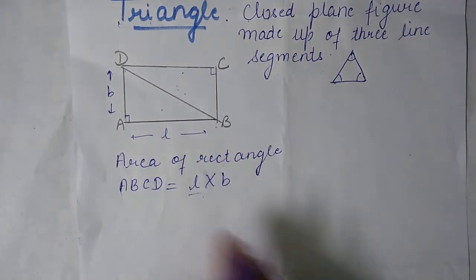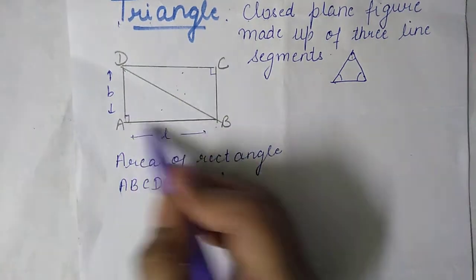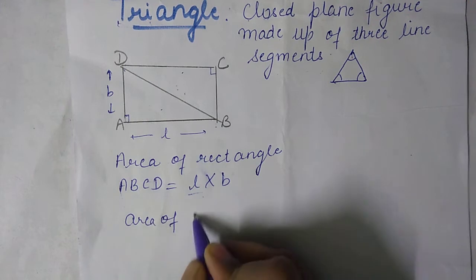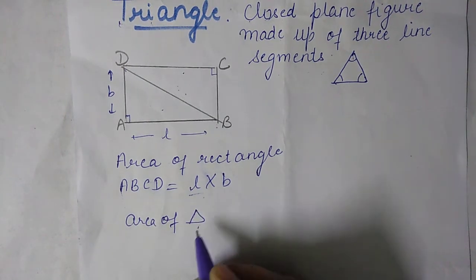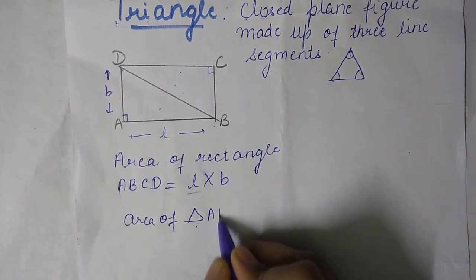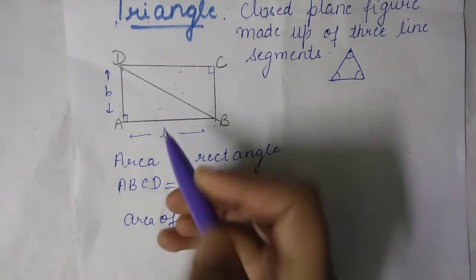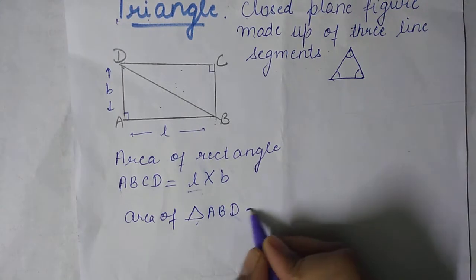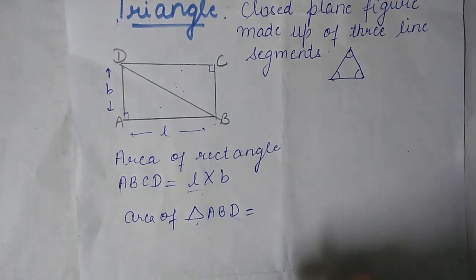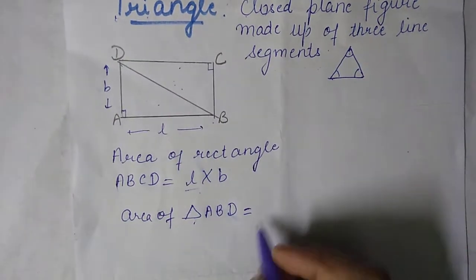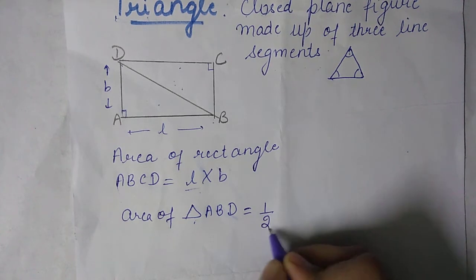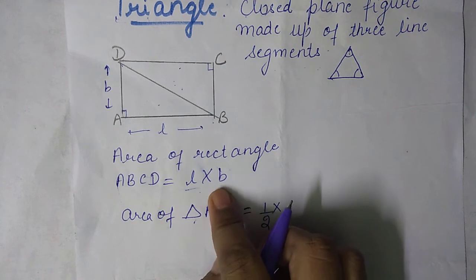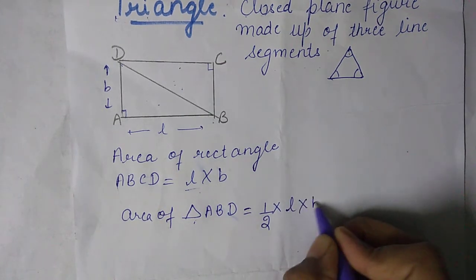If I have to find the area of triangle ABD, as this diagonal is dividing into 2 equal parts, it means area of ABD will be half of area of this rectangle. So I can write it as half of area of rectangle, and area of rectangle is L into B. So I can write it like this.